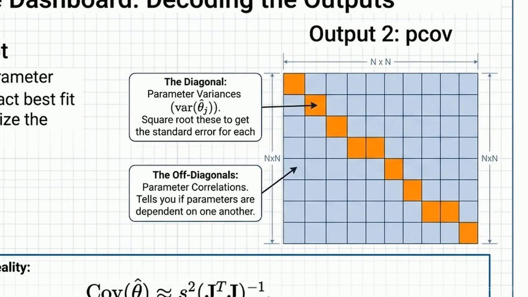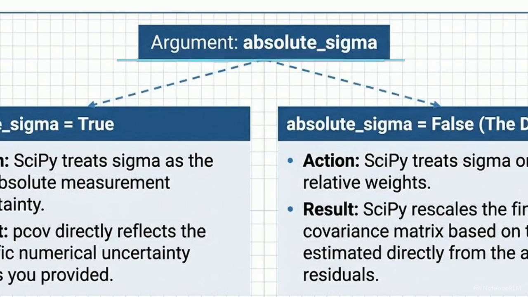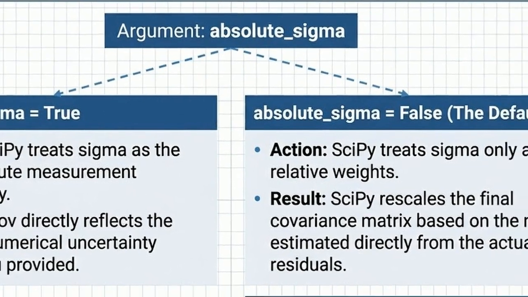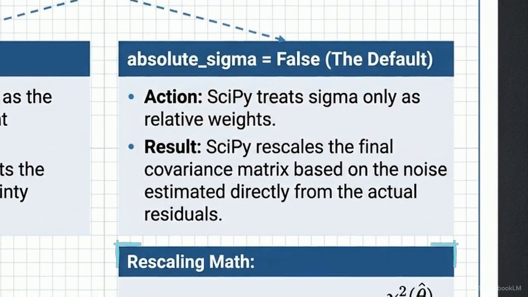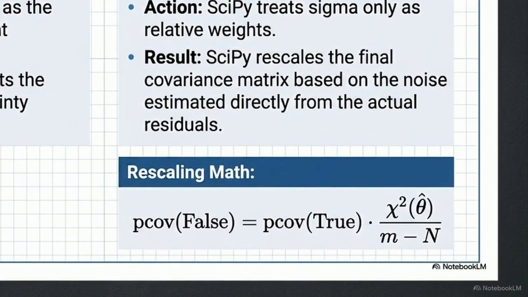Interpreting this matrix requires navigating a specific mathematical trap regarding the absolute_sigma argument. This logic tree outlines the two distinct behaviors. By default, absolute_sigma is set to False. The engine assumes your input sigmas are only relative weights. It then applies the rescaling math shown on the right, using the variance of the final residuals to estimate the overall scale of the noise.